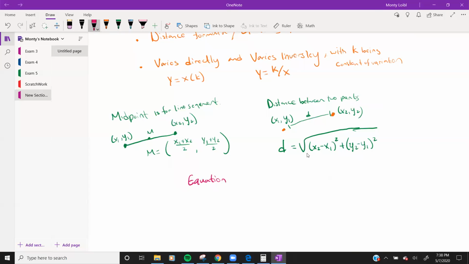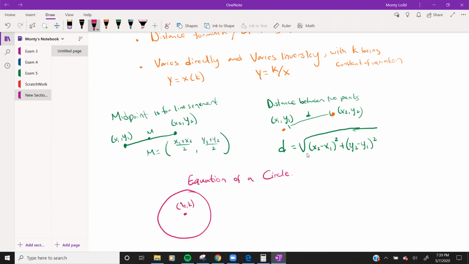But it's good to know the equation of a circle. Be thinking that you've got this circle here, and let me change the center to make it look more centered. So here's a circle. Let's call the center h, k.